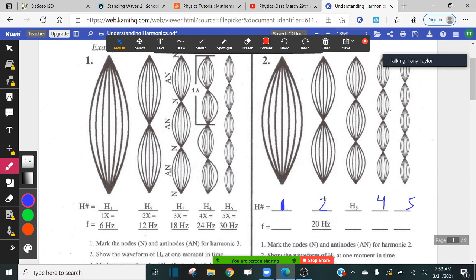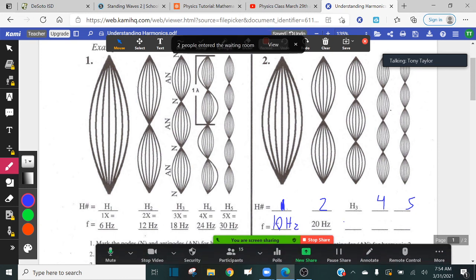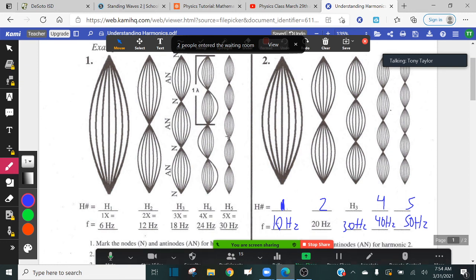In this case, you would just go backwards. You would divide. I would do 20 divided by 2, which gives me 10 hertz. Okay. So for the third harmonic, my frequency is 3 times 10, which is 30 hertz. Here it's 40 hertz, and here it's 50 hertz. Okay. So we talked about that last time, so I just wanted to remind you guys of that.